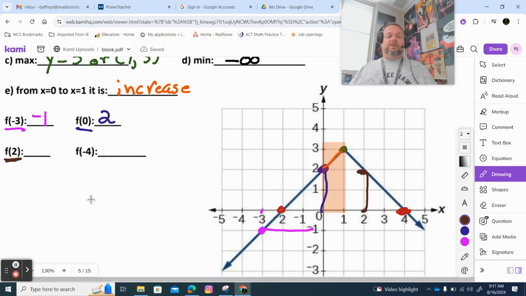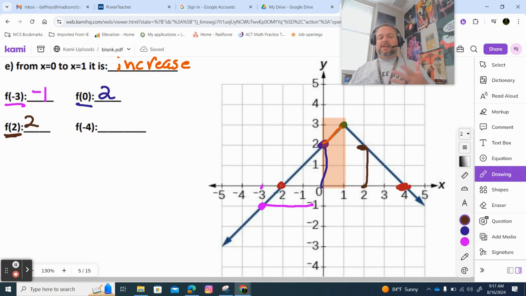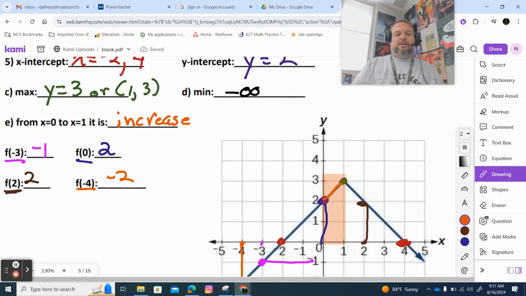That y value is also 2. And because I made a mistake and I didn't put all the negatives, then positives, all right, -4. Well, I go over to -4 and I got to go down. Well, this is -2.